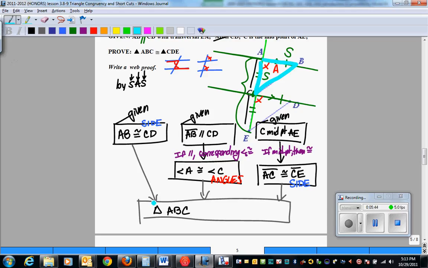ABC is congruent to triangle CDE, and the reason for this is because of side, angle, side.